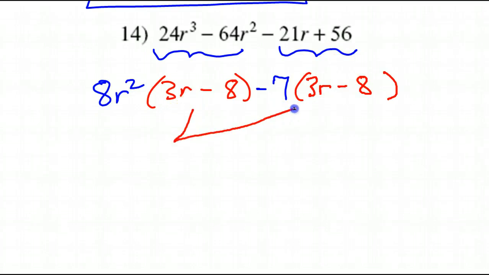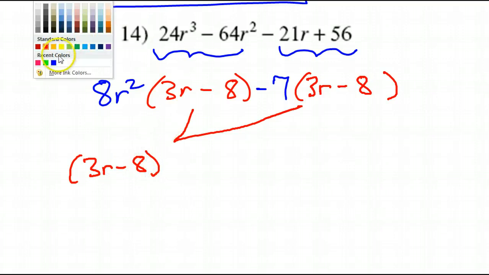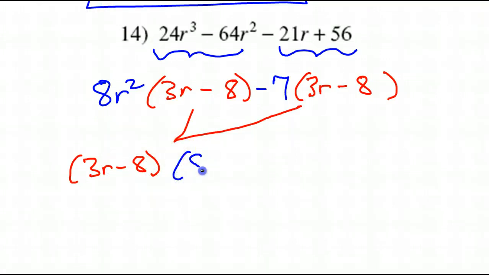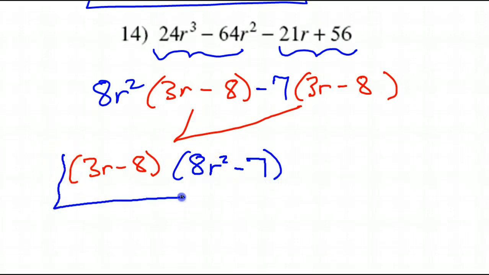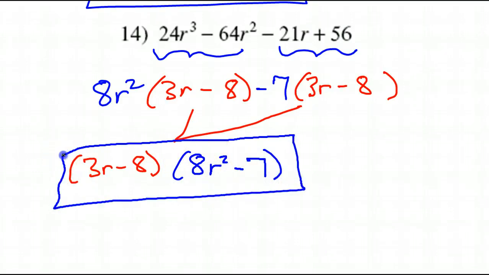We will pull out the common factor of 3r minus 8, and that's going to leave behind 8r squared minus 7. Okay, and that is the final answer.